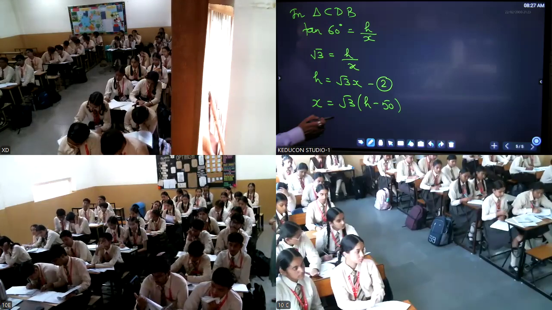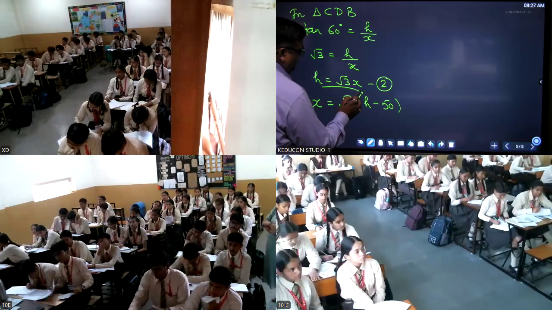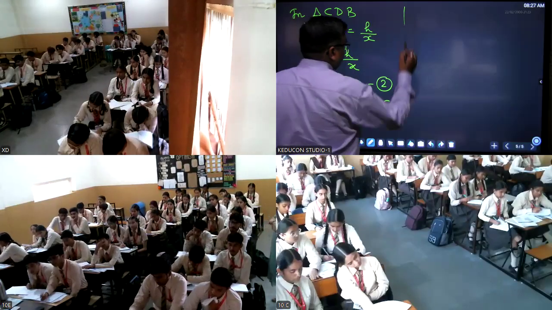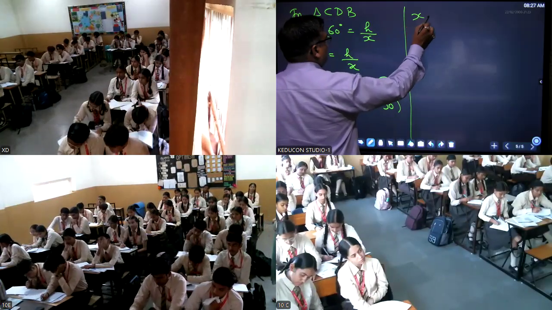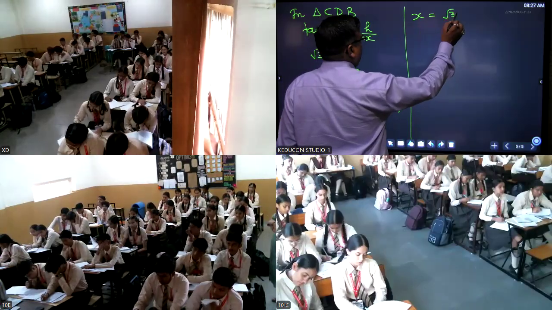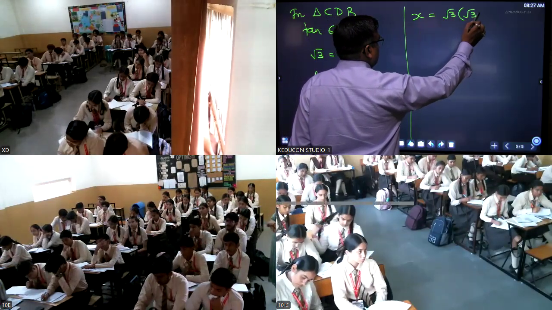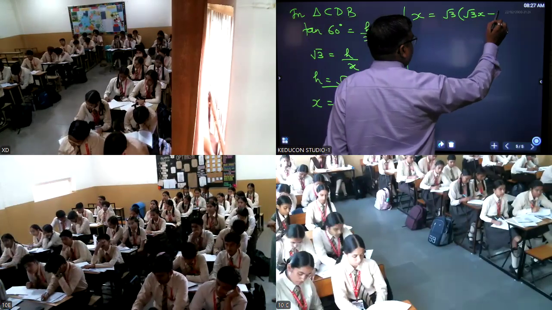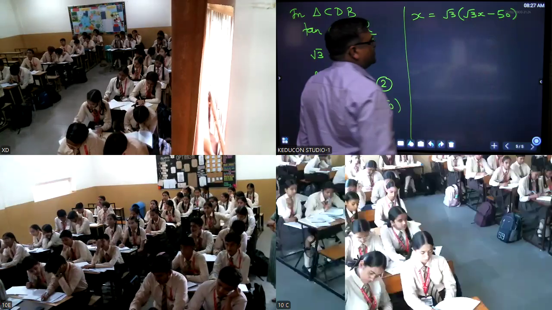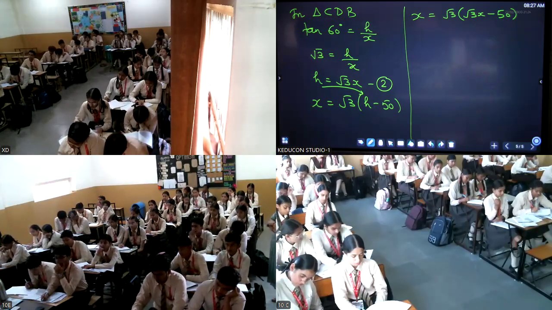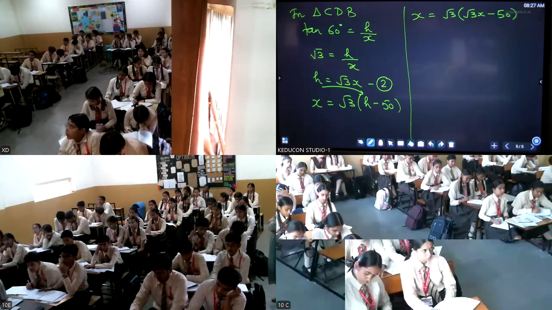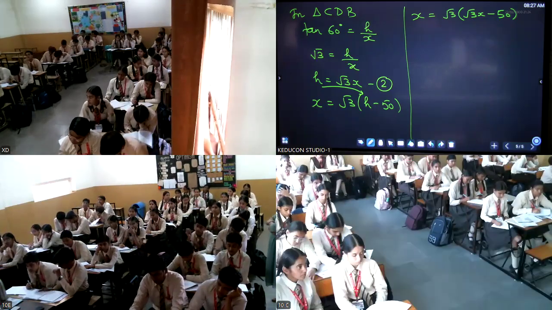If you put the value of h here, so what it will become? x is equal to root 3 into root 3x minus 50. You have used equations 1 and 2, putting the value of h from equation 2 in equation 1.